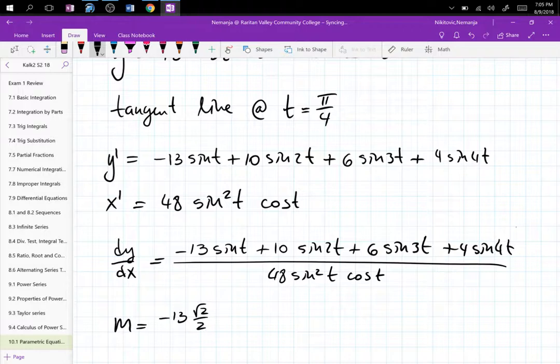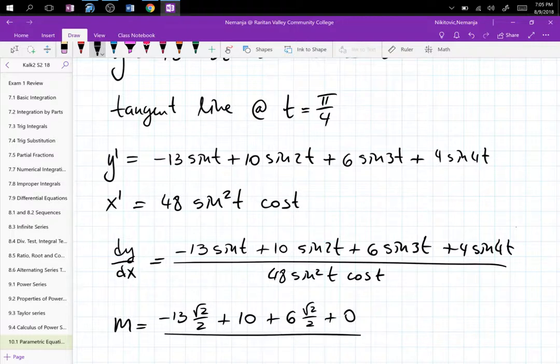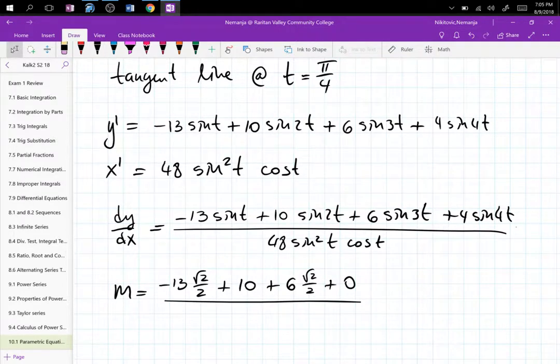It's negative 13 square root of 2 over 2 plus 10, plus 6 times sine of 3 pi over 4, that's root 2 over 2, plus 4 sine of pi, that's 0. Divided by, on the bottom, 48 times sine squared of pi over 4, so that's 1/2, and then root 2 over 2.